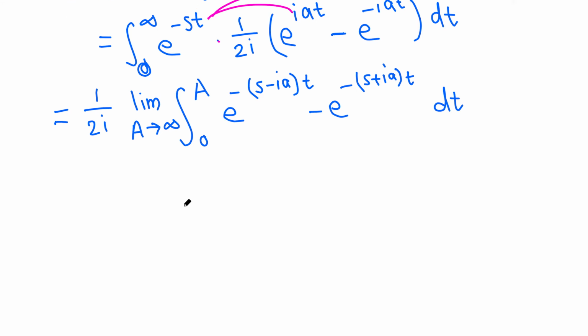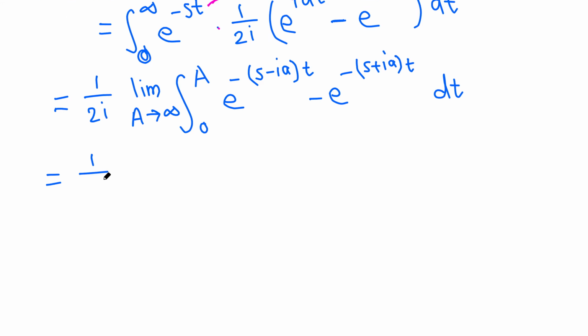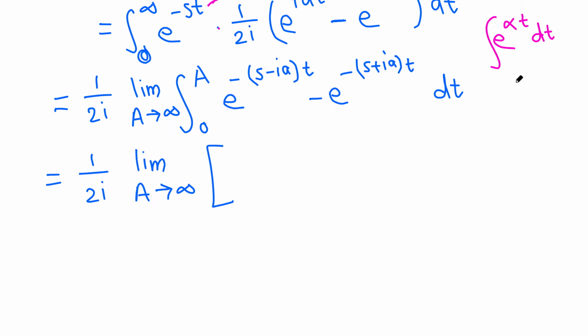Now let's integrate. 1 over 2i, limit as a approaches infinity, and we know that when we have e raised to alpha t, its integral is itself divided by alpha, a simple u substitution.